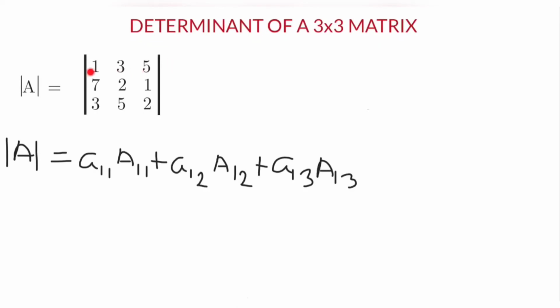Here, if we are willing to calculate the determinant using this first row, then the formula is like this. A11 is this element and capital A11 is the cofactor of this first element. If you don't know about the concept of cofactor, you can watch my previous video. So it will also give the same answer that we got from the previous formula.